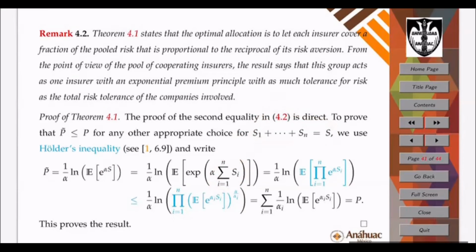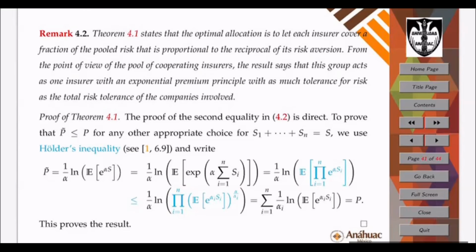And then I just take this sigma out of the exponential by using a product, right? And then I take the product out of the expectation, but then I have to use Hölder's inequality.